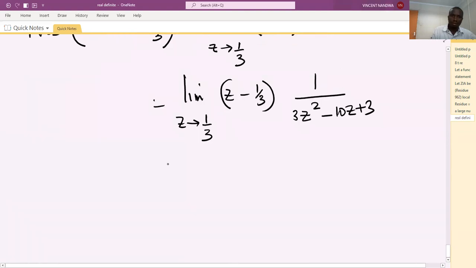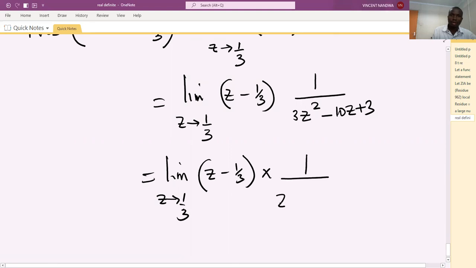So I have the limit as z approaches a third of z minus a third times 1 over z minus 3, and then 3z minus 1.